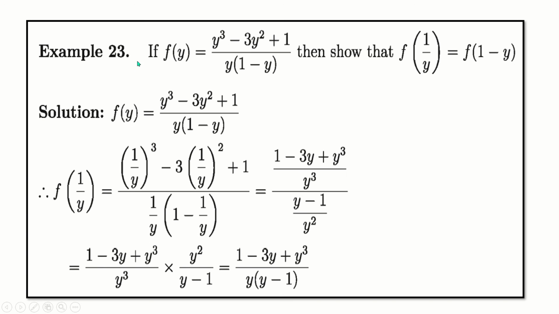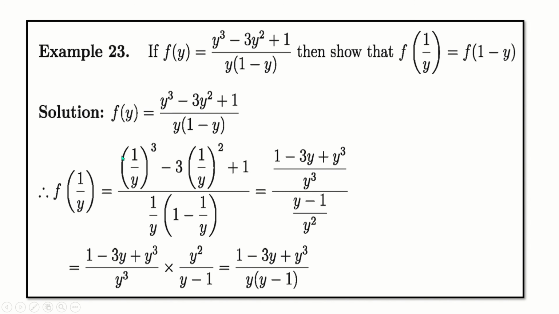Another example: f of y is equal to this, show that f of 1 divided by y is equal to f of 1 minus y. You just have to put the values y equal to 1 by y and y equal to 1 minus y. When y is equal to 1 by y, we'll get 1 divided by y cube minus 3 into 1 divided by y whole square plus 1 divided by y into 1 minus 1 by y.